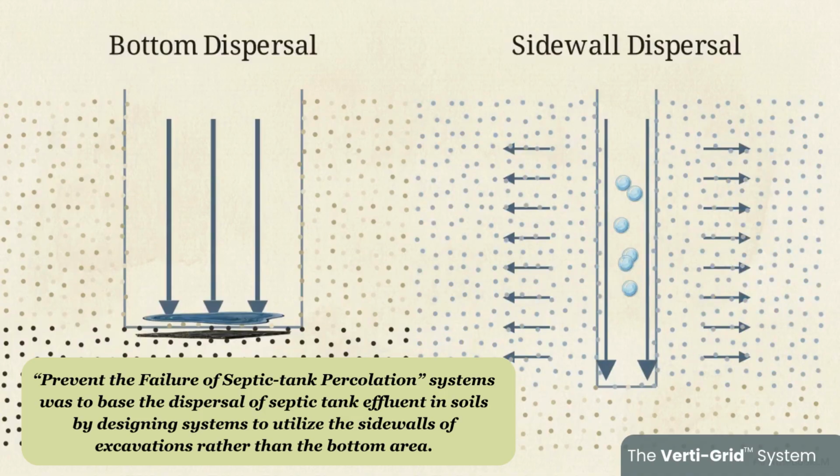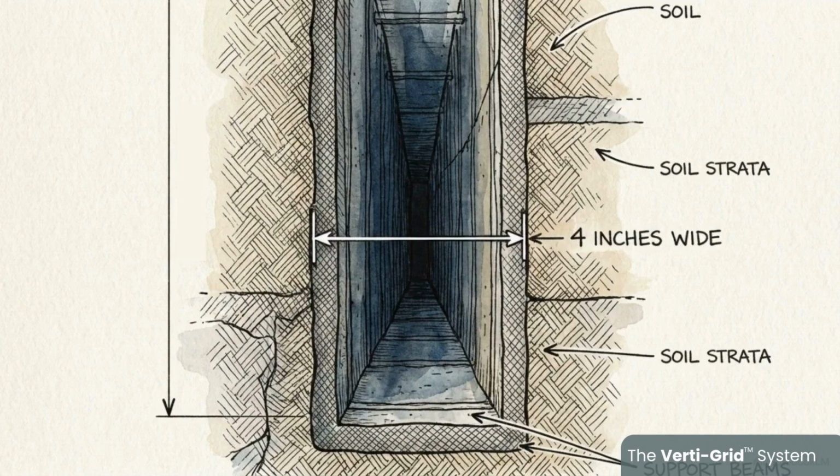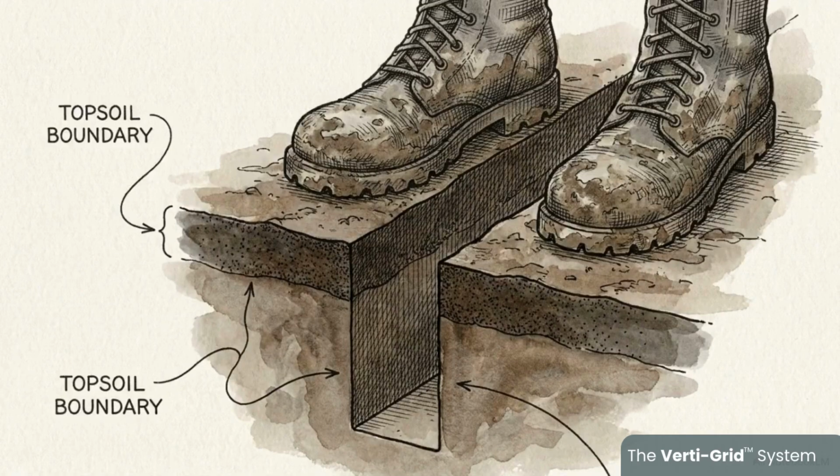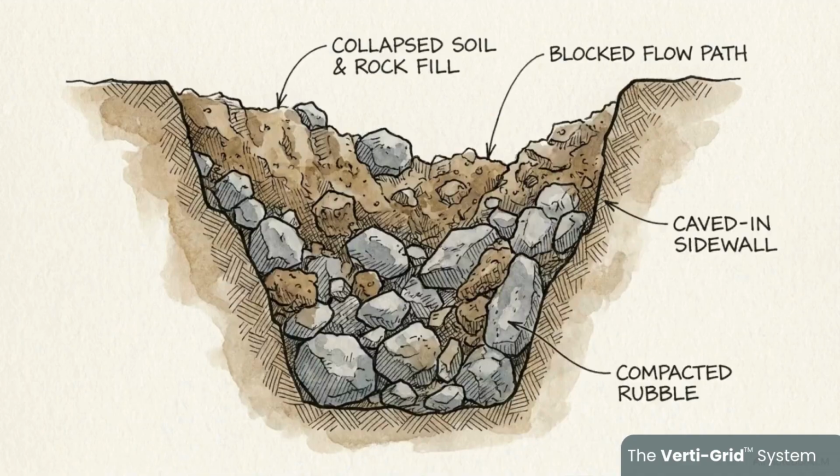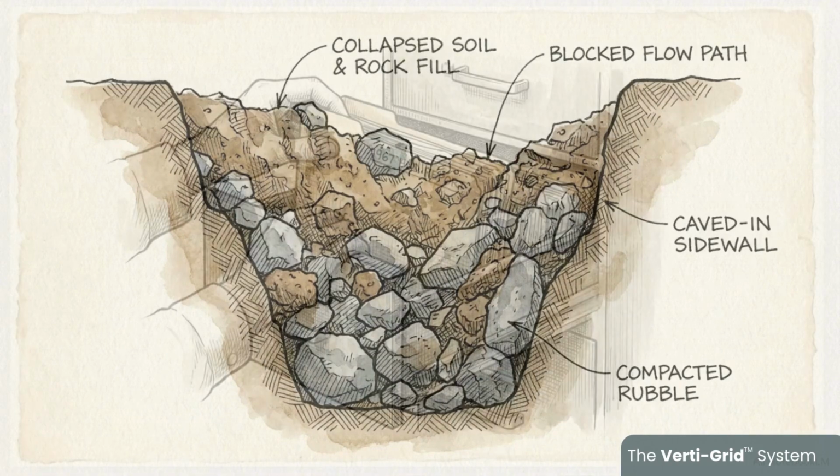The recommendation was to use narrow trenches rather than wider beds or wide trenches. The practical difficulty of implementing this practice at the time was the lack of any dispersal media other than stone. It was impossible to excavate a narrow trench and fill it with stone without knocking spoils in with the stone, filling the voids, and compromising the porosity.